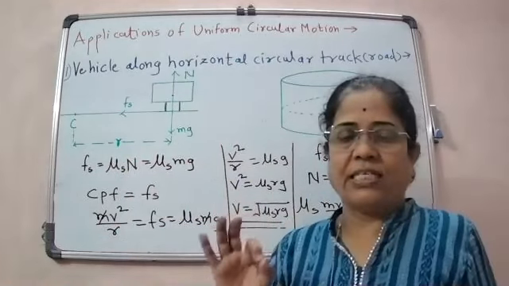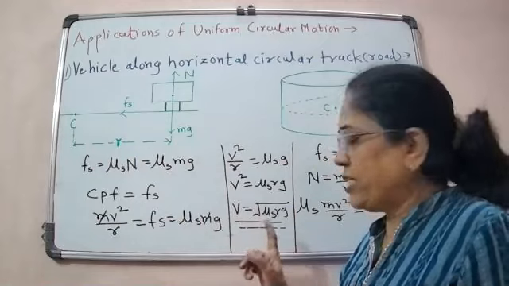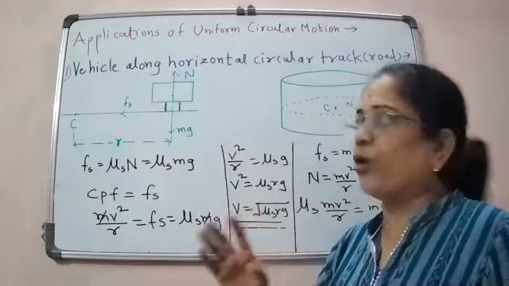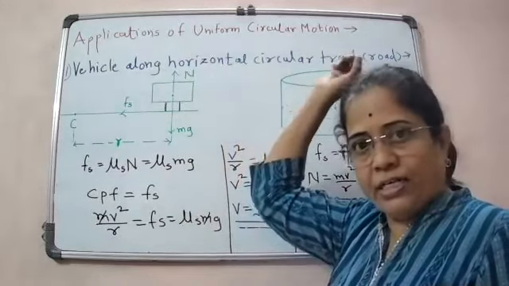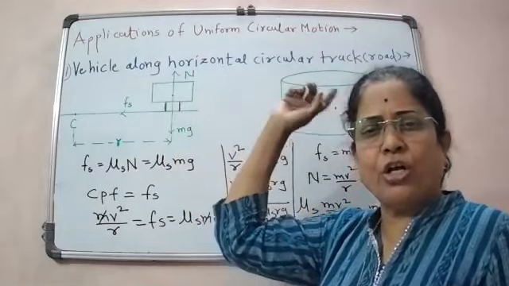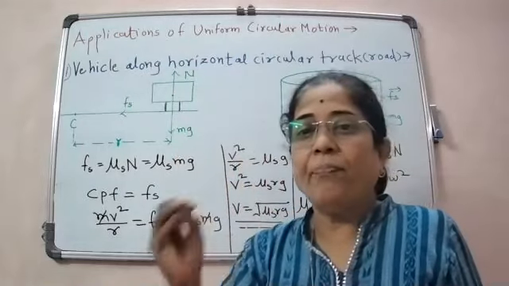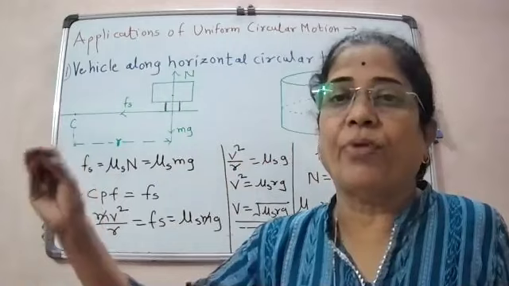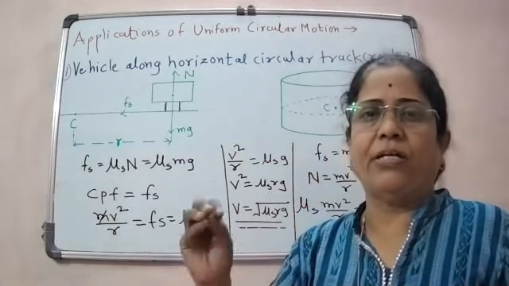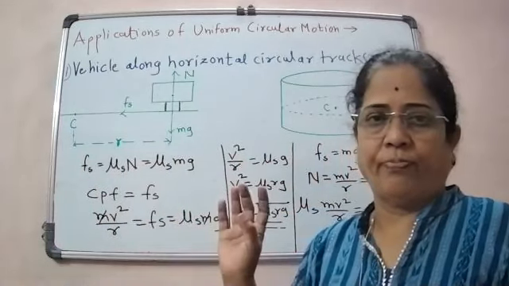You can say that this most safe speed for a horizontal circular road is independent of the mass of the vehicle.